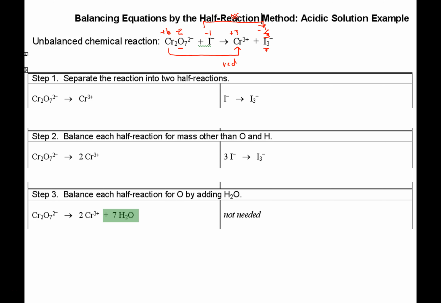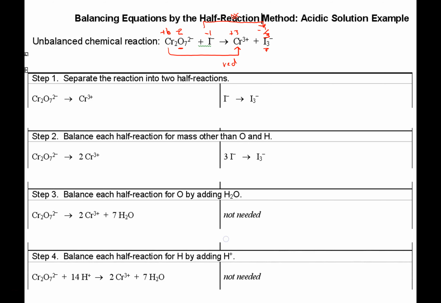Well, that's just what we do in this approach. Notice that we don't have any oxygens there. Since we introduced water on the left, we need to fix now our hydrogens. So in introducing 7 H2Os, we had, what, 14 hydrogens? So that's why we put 14 H+ over here. Again, we can do that because it's in acidic conditions. And we don't need to do anything with our right half reaction.